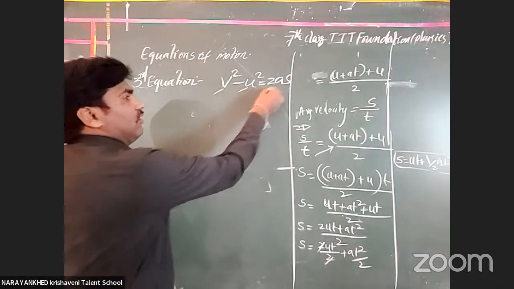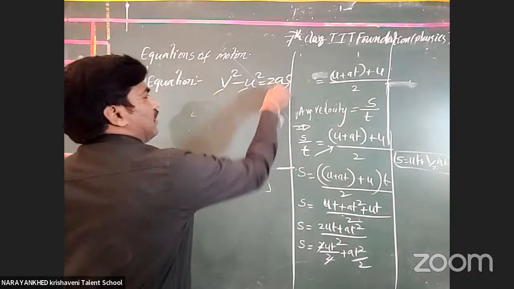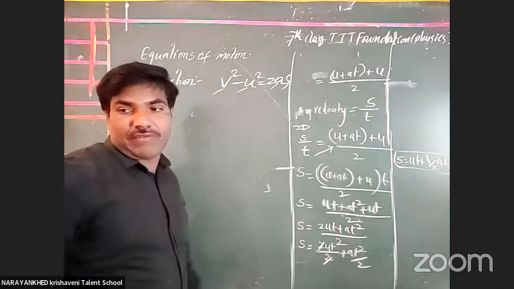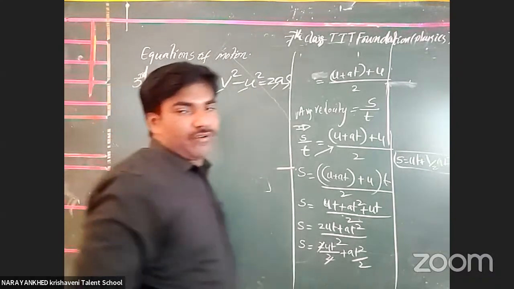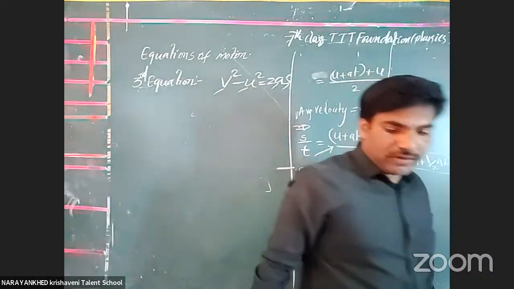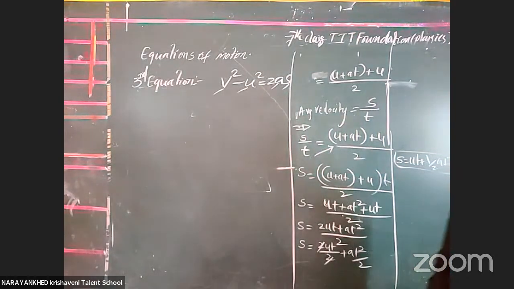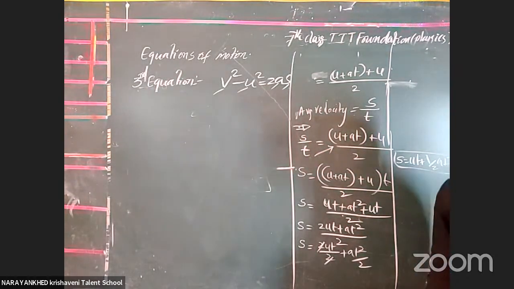How to find this equation? For this purpose, you have to take the average velocity, and we consider the t value from this. Okay, clear or not?